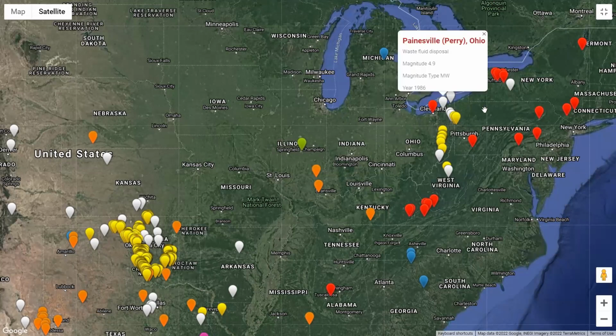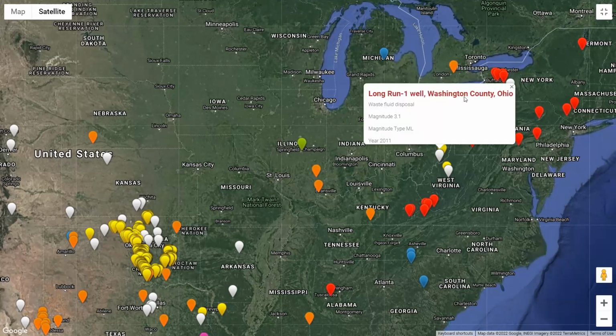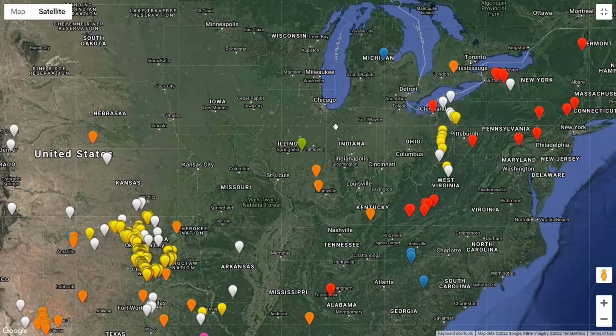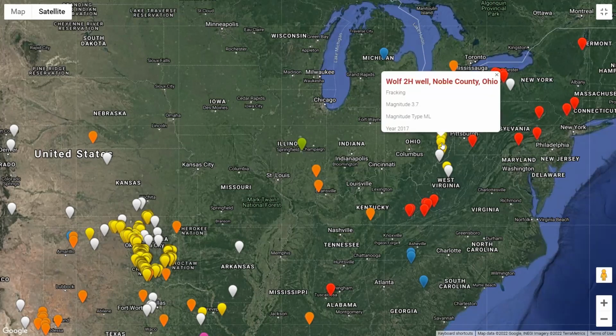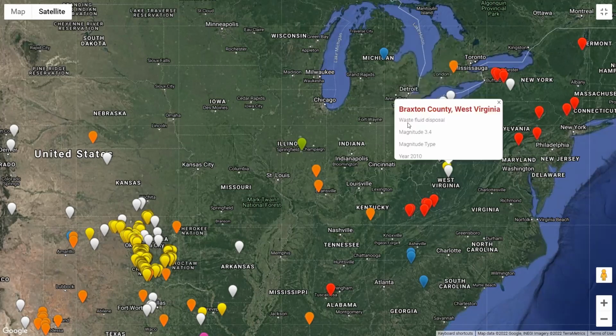So this is all that natural gas that we get from fracking on the East Coast. Pennsylvania is covered in pipelines. All those pipelines converge in Philadelphia. Then all that natural gas is shipped all the way up the I-95 corridor from Wilmington, North Carolina, all the way up to Portland, Maine. So there's a lot of natural gas here, and we get a lot of earthquakes in this area as well.